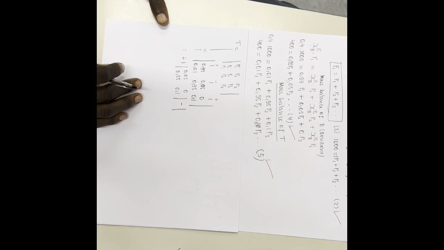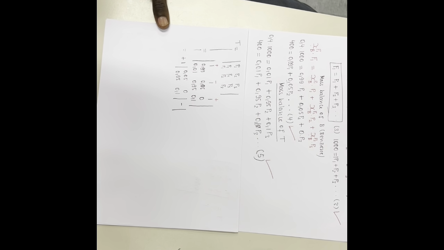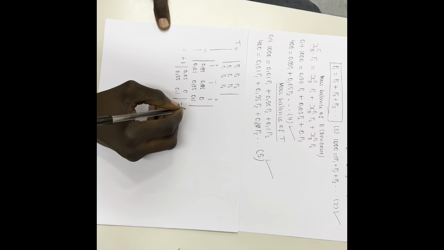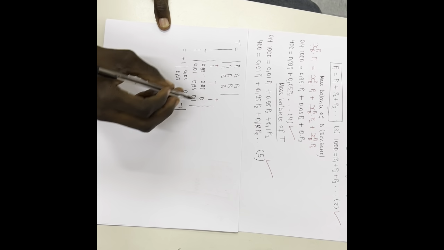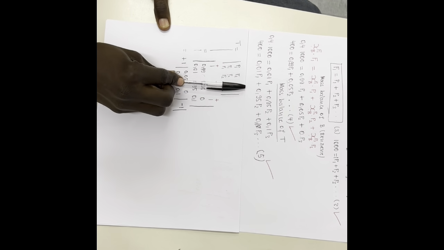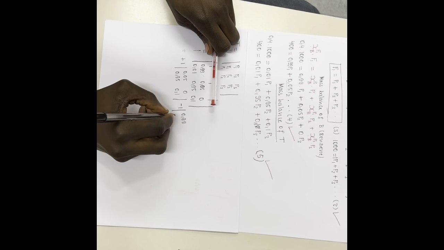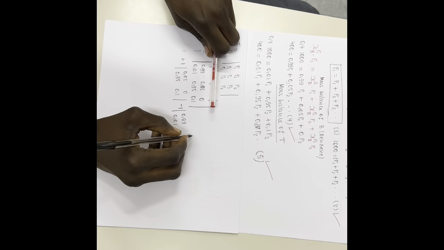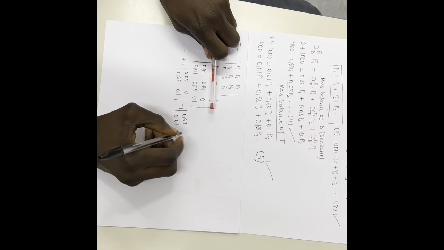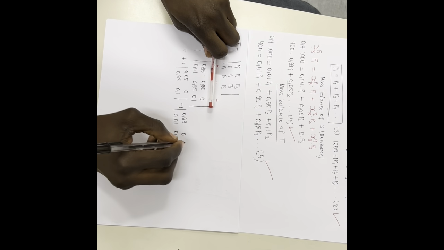Then we put 1 because it's 1. If it was 2, you put the 2. You close this and that one, and you have 0.99, 0.01, and 0.01.